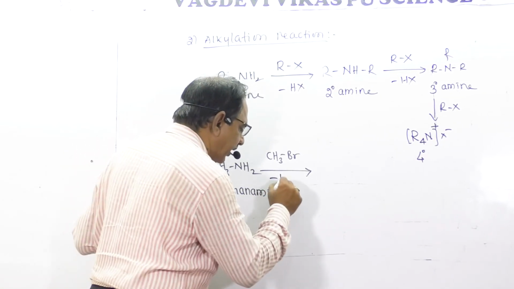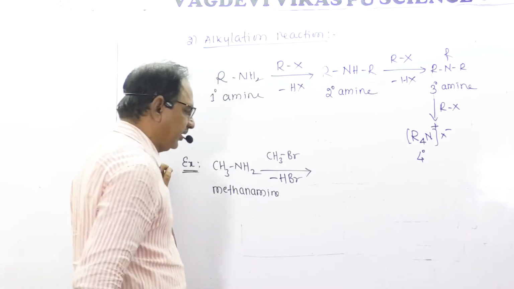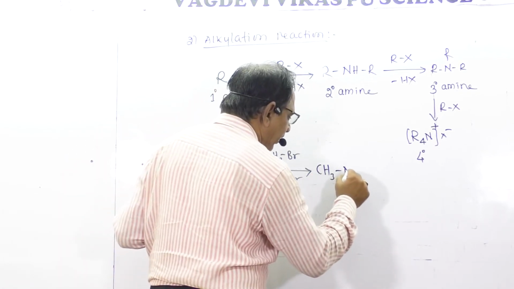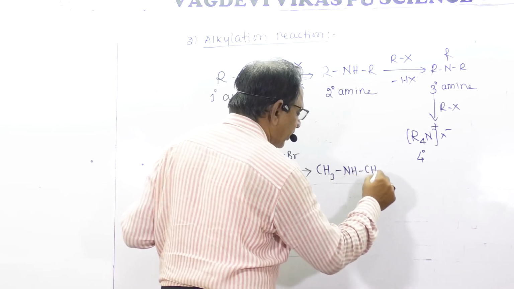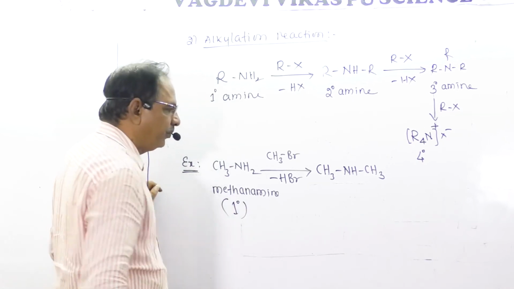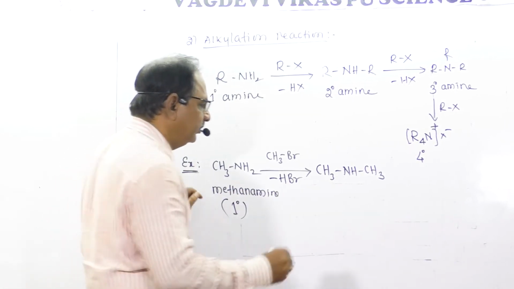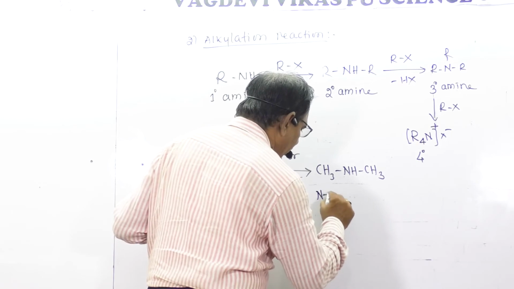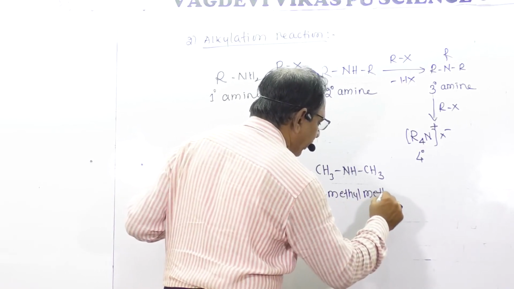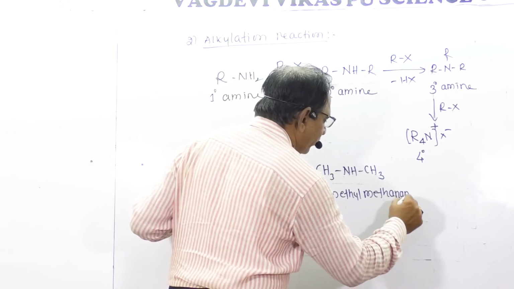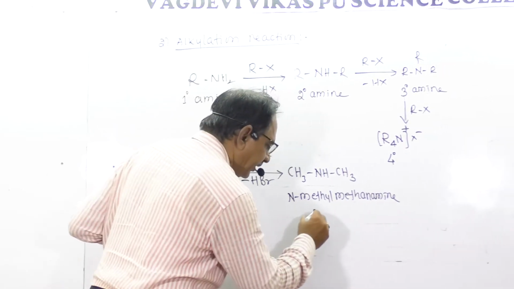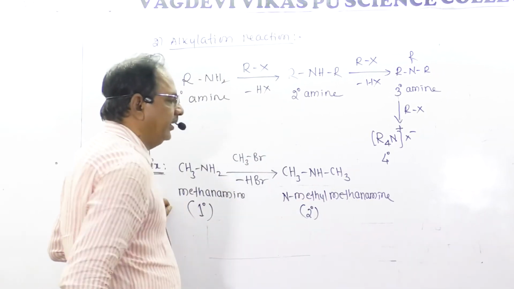When methyl bromide is added, HBr is eliminated, giving CH3NHCH3. This is an example of a secondary amine, and its name is N-methyl methanamine.